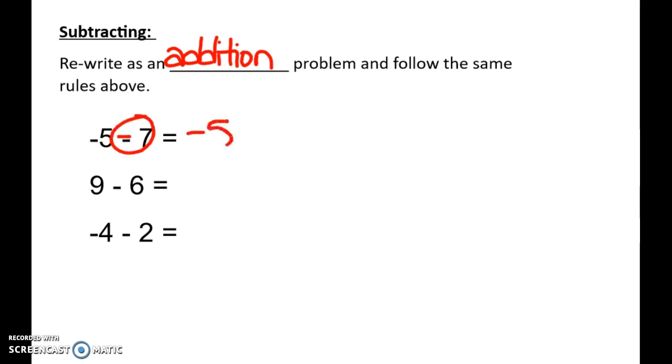So we're going to rewrite it as negative 5 plus a negative 7, okay? And we already learned when our teams are the same, we have 5 negative people and 7 negative people coming together, they're just going to make a bigger negative team. So now we have 12 negative people, and that's our answer, or 12 negatives.